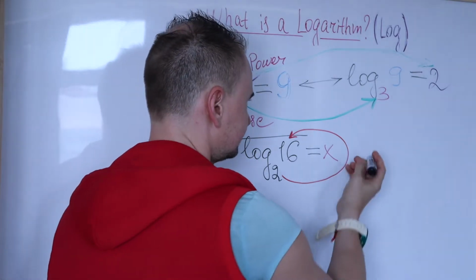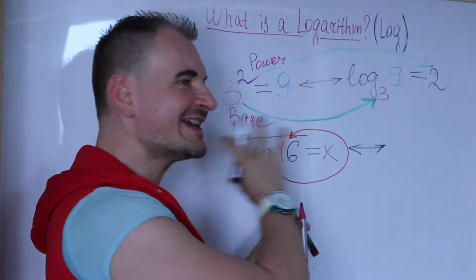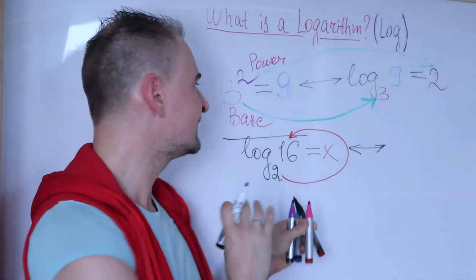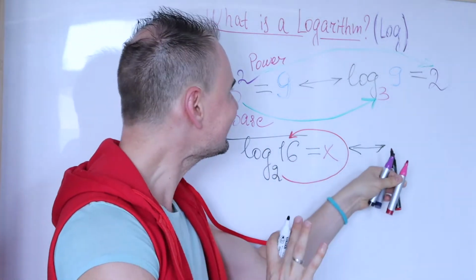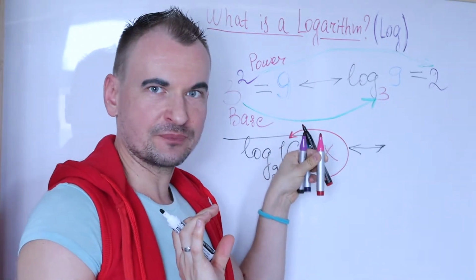Now, we're going to rearrange and turn this log form into the equivalent exponential form.